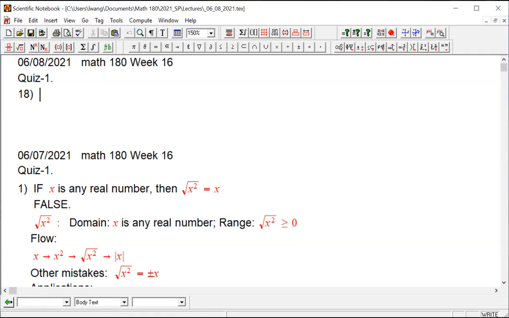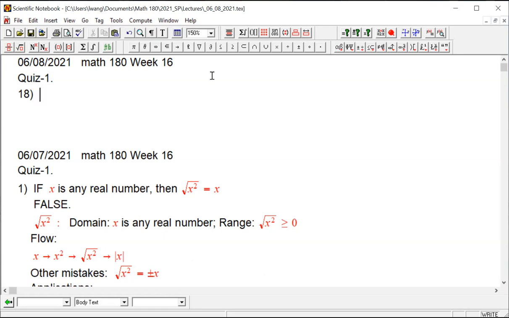So let's look at number 18. If you have any questions, please don't hesitate to ask me. Number 18 is this question.